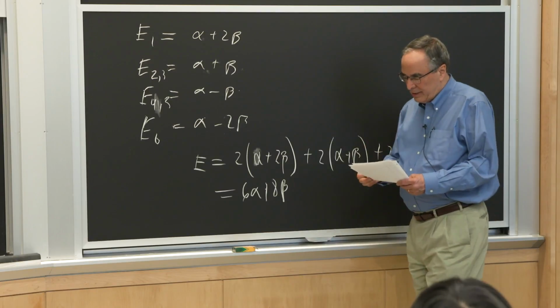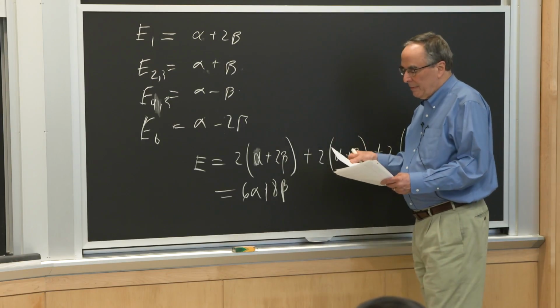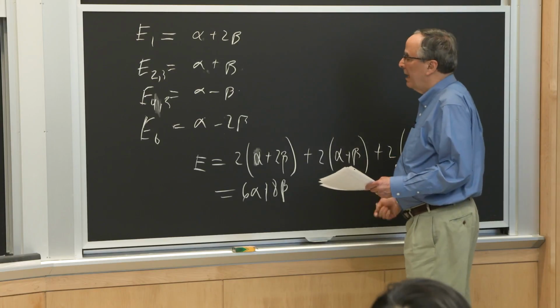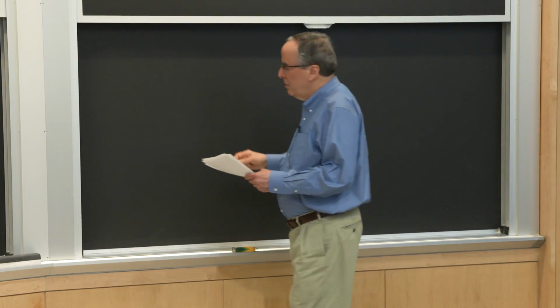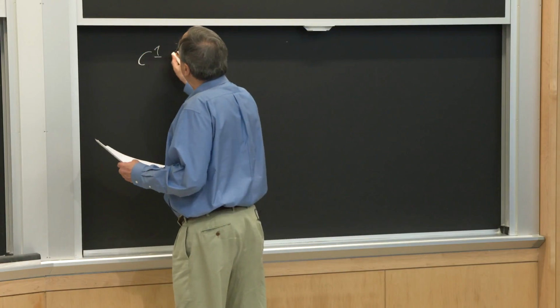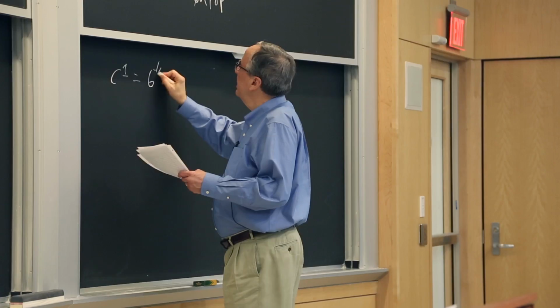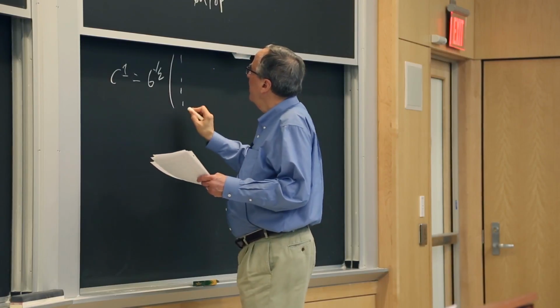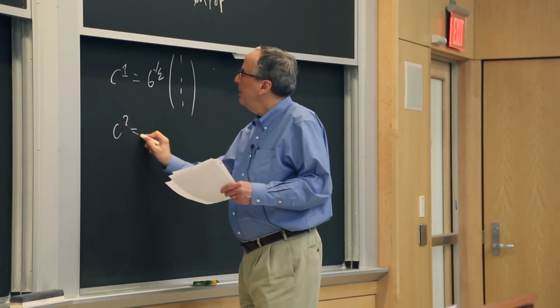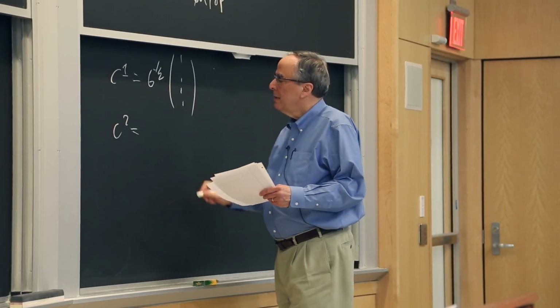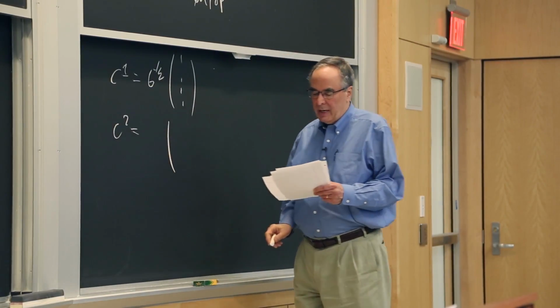And you also get the eigenvectors. And that's the stuff that you know. So C1 is 1 over square root of 6, 1, 1, all of those. And C2 is going to be something a little bit more complicated.